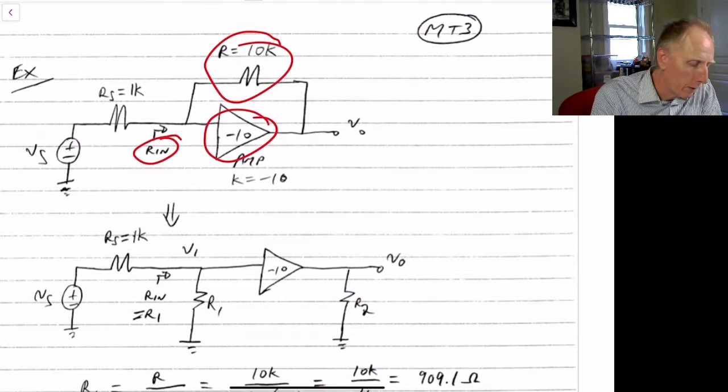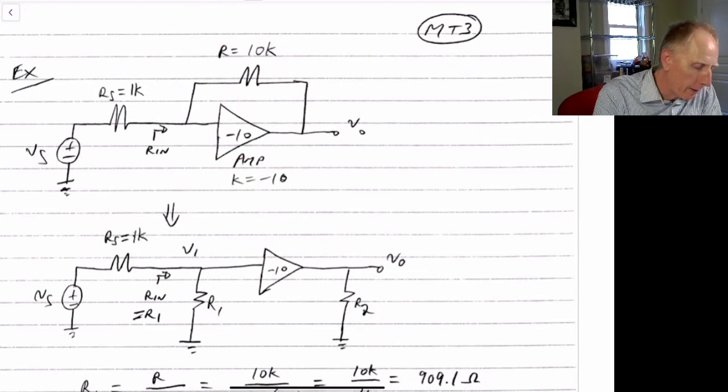You can see this intuitively, because if I apply a 1 volt signal here, this will go to minus 10 volts over here.